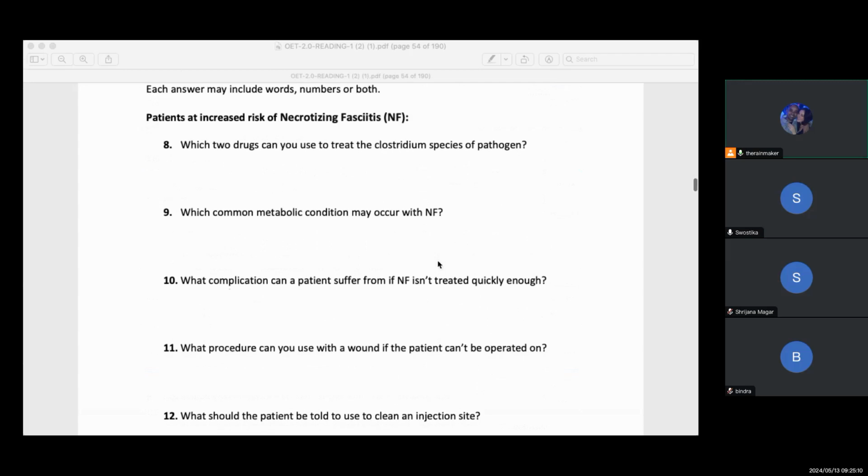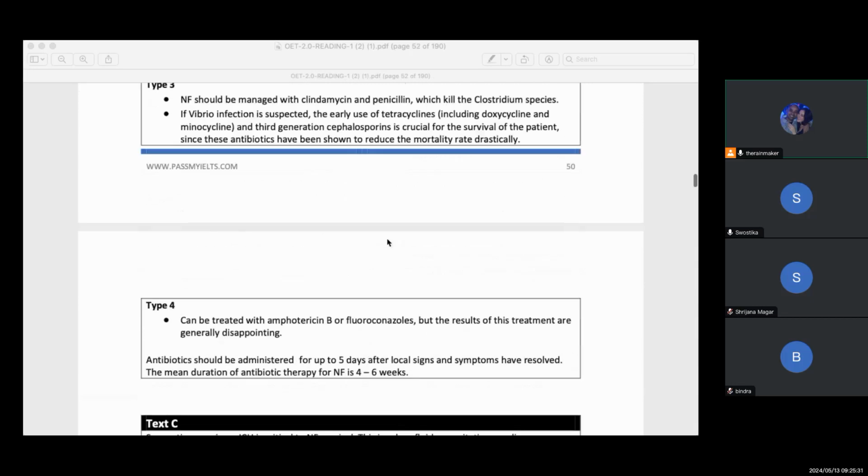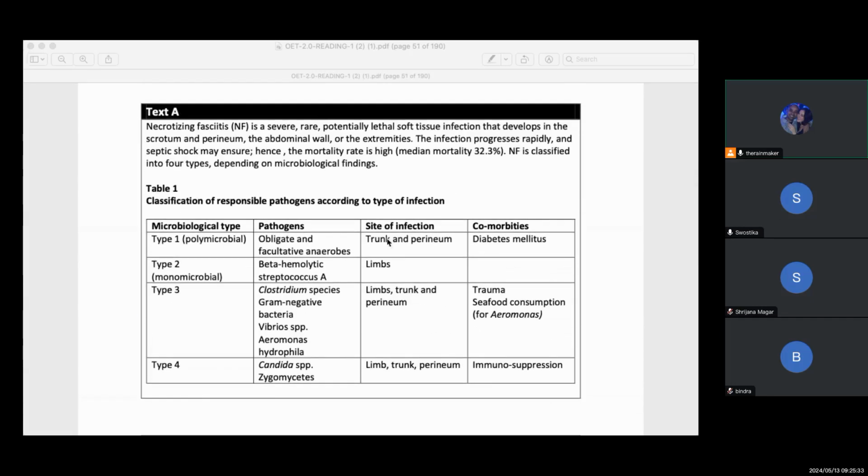Okay, next one. Which common metabolic condition may occur with NF? So where do you think the location is? A. Yes, A. In A, we have to find a metabolic condition or disease condition.